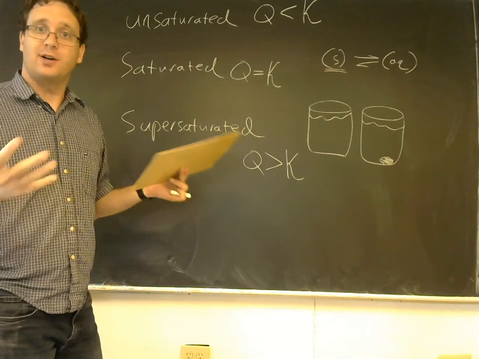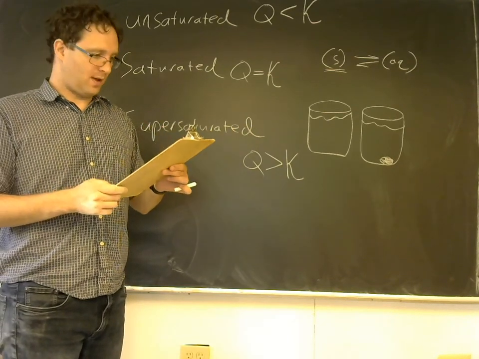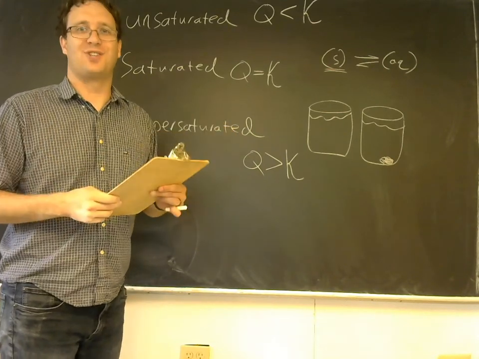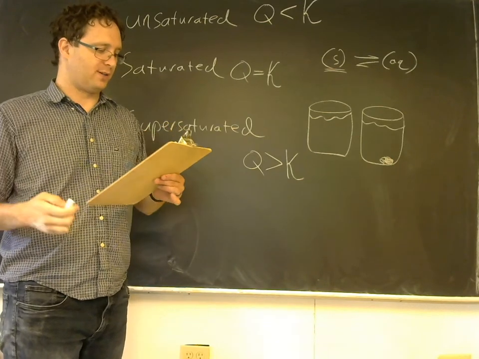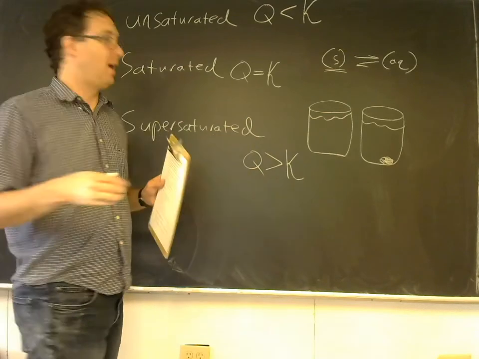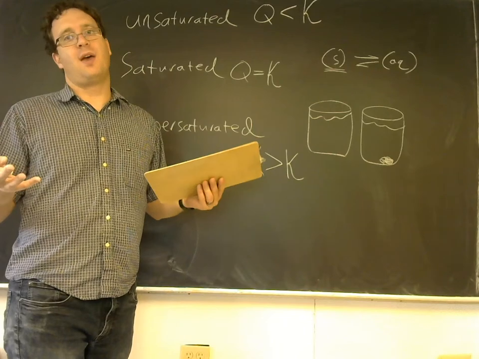We've already talked about one way we can do that. In the quiz, which I recorded before this, we talk about one way to create a supersaturated solution, and that is by changing the conditions.